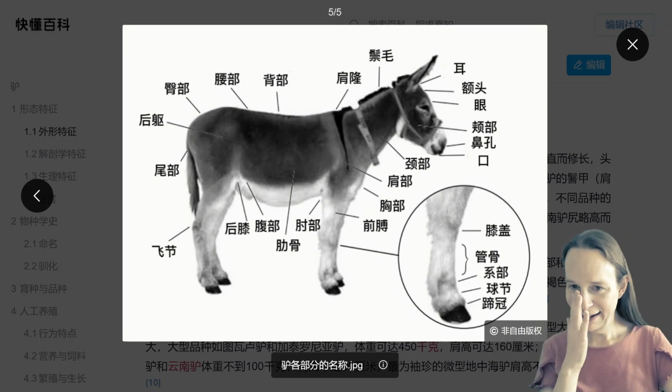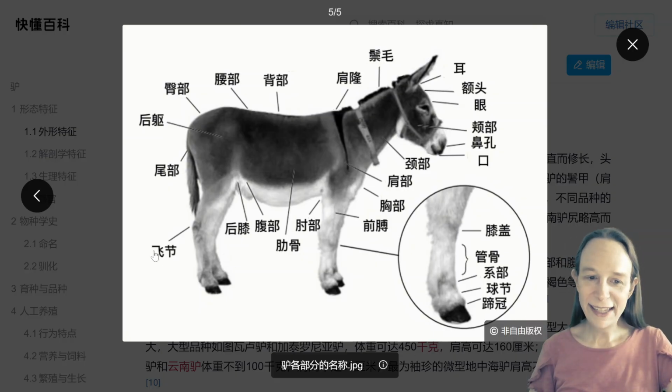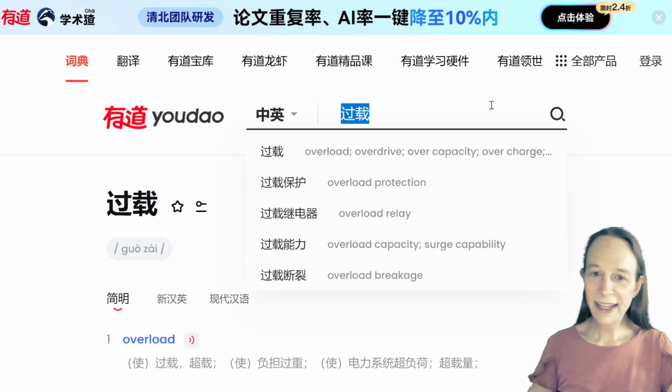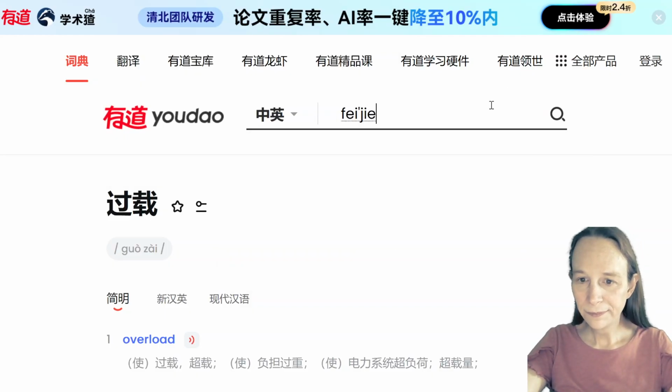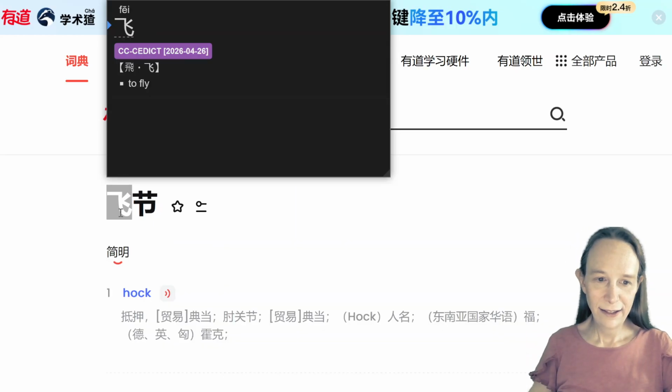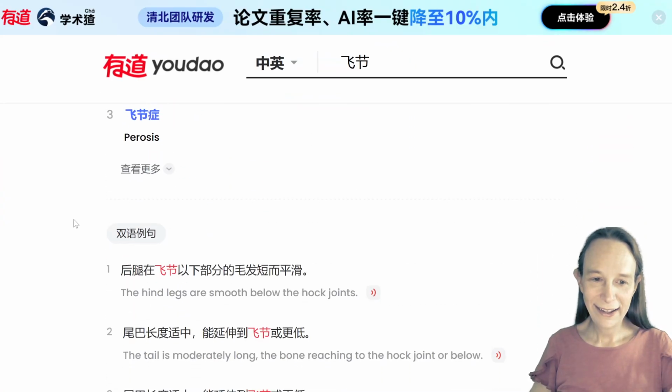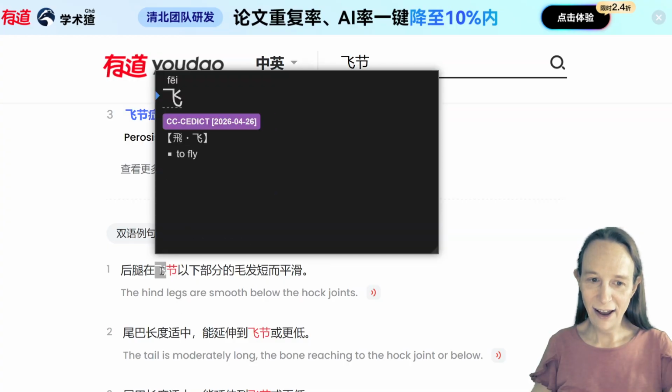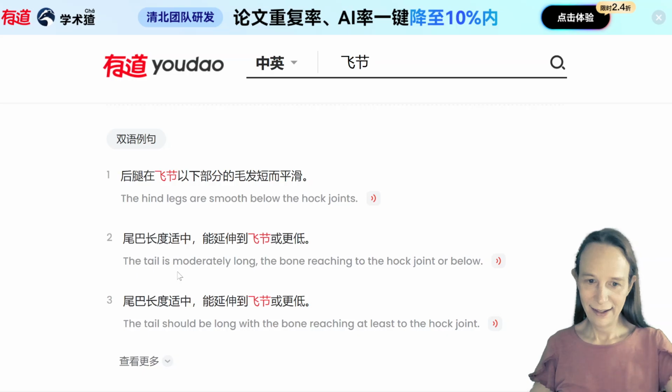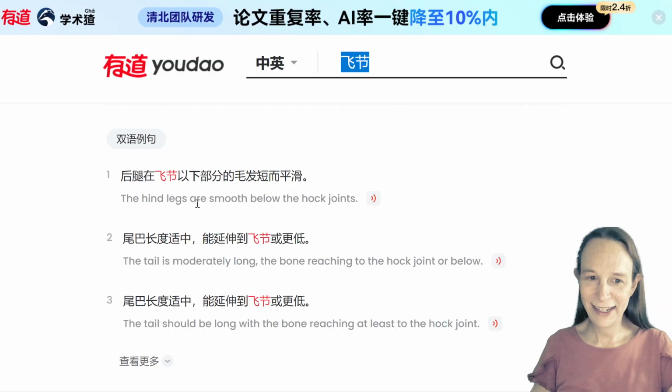Oh yeah, because it's like a backwards jointed something. 飞节. Yeah, this is a joint. 后腿的飞节, hind legs. But it's because the joints are backwards, right?